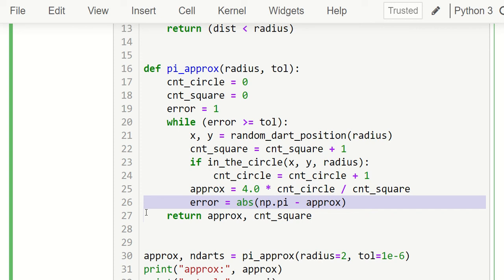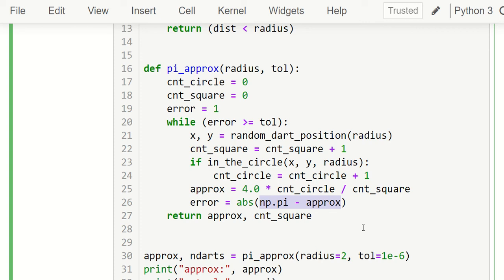Right, so how do I update my while loop condition here? Well, I'm going to check what is the difference between the actual value of pi, which I can calculate from numpy. It's np.pi that I'm using to calculate the accurate value for pi, and I'm going to subtract the approximation from that.